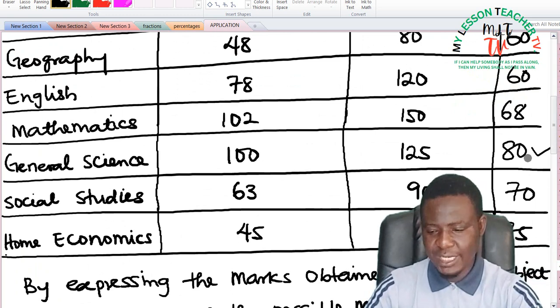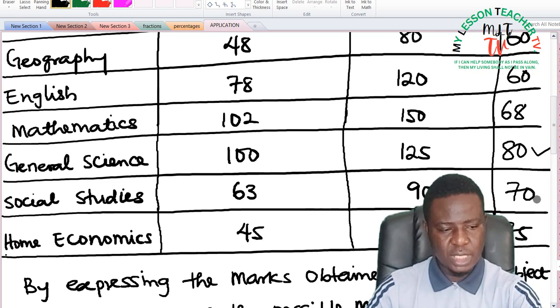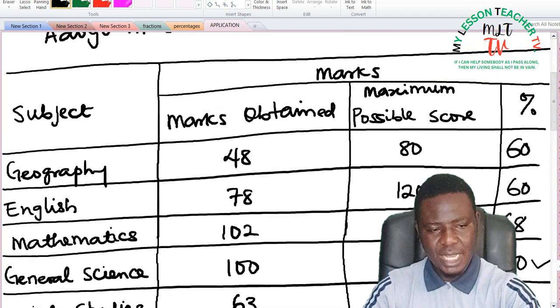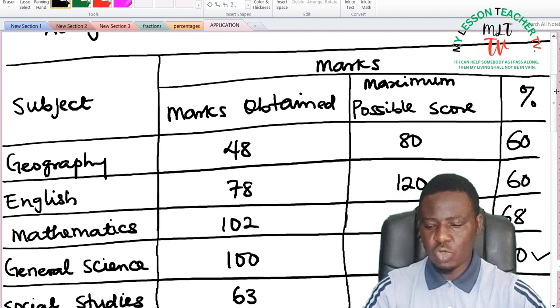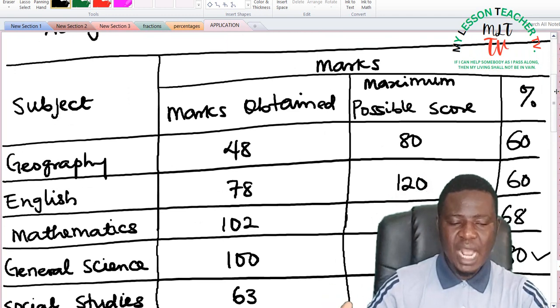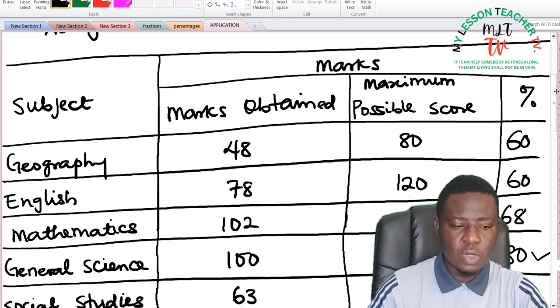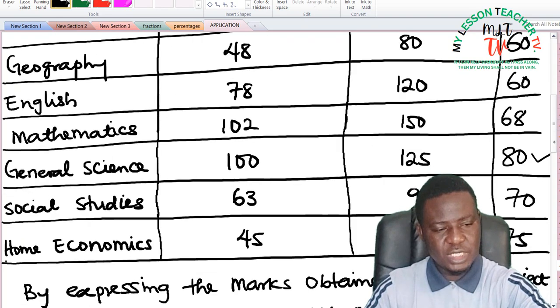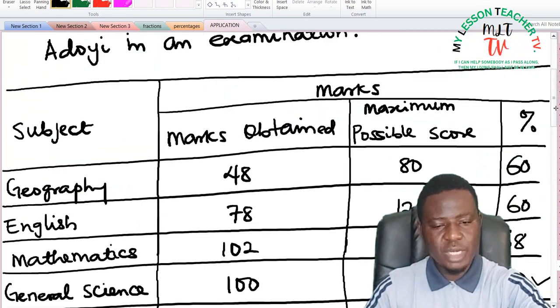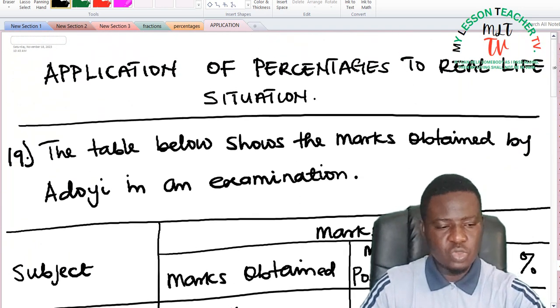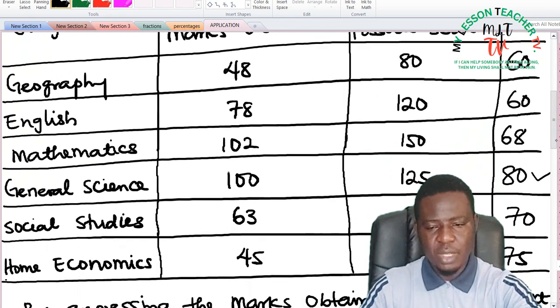He did best in general science, followed by home economics, which he got 75%, and social studies, which he got 70%, and then mathematics, and there was a tie between geography and English. So that is how you can determine the percentage score of a child who has just finished his terminal exams. You can use this as a teacher to ascertain the percentage score, or as a parent, you can also use this to confirm the marks obtained by your child.